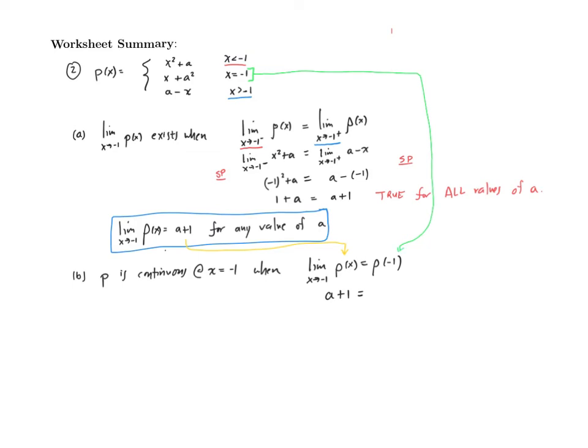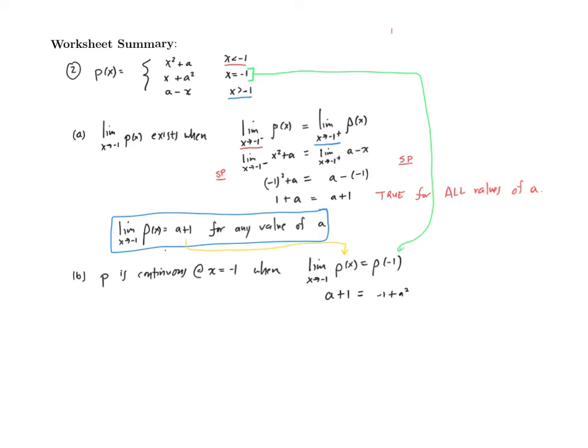So this would be minus 1 plus a squared, because we are substituting in x equals minus 1. And any value of a that satisfies this relationship would correspond to a value of a where the function is continuous. That is, we have an algebraic equation that we must solve.